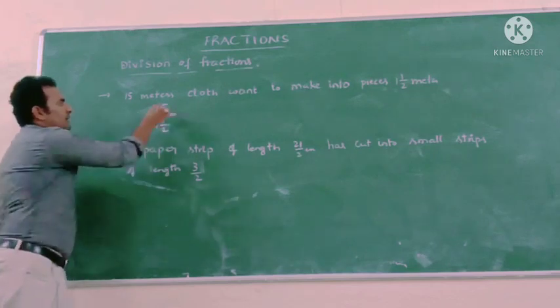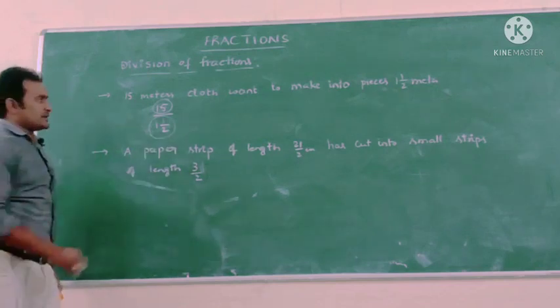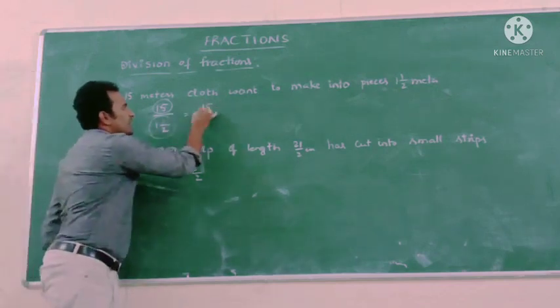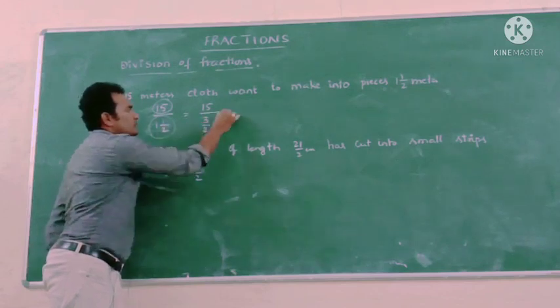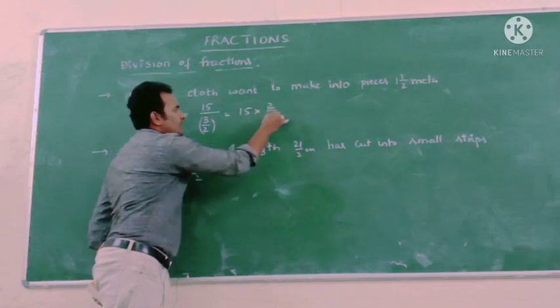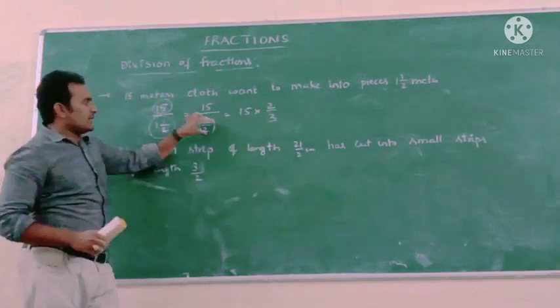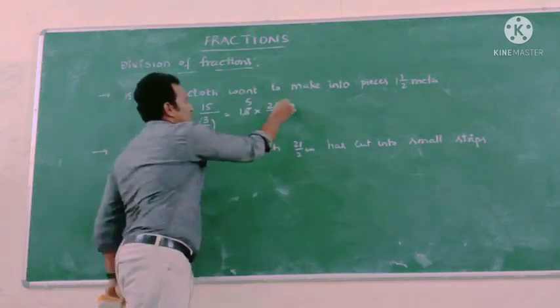So simply dividing a whole number by a mixed fraction. First convert the mixed fraction into an improper fraction, 3/2. Now 15 by 3/2 is 15 into 2/3, just its reciprocal. 3 into 15, 5 times; 5 2s are 10 meters.